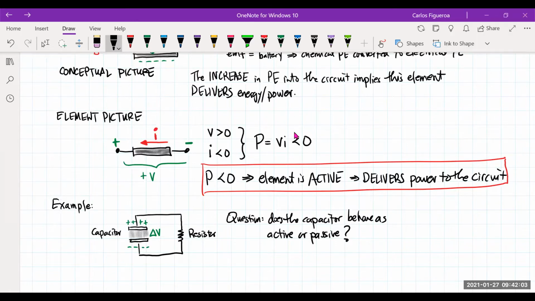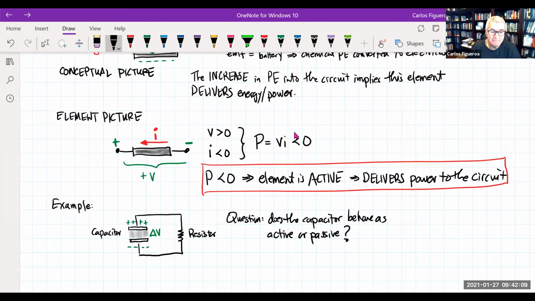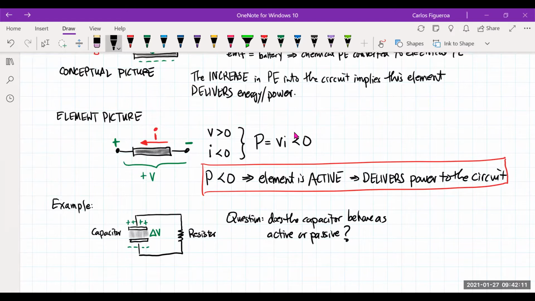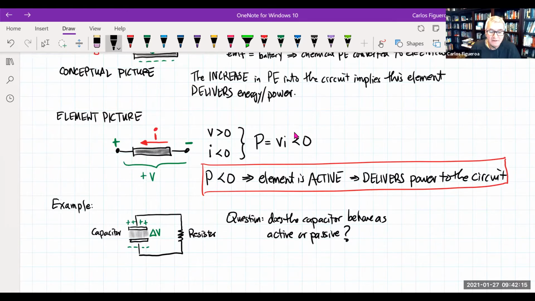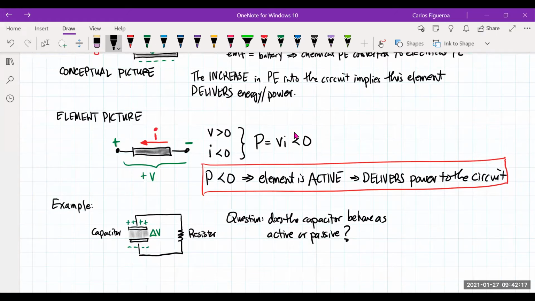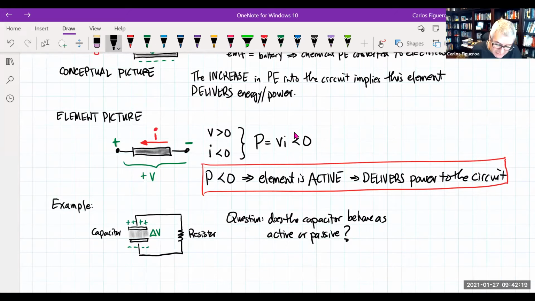The type of current really matters there, doesn't it? In this case, it's DC. So it is passive. It absorbs energy, doesn't it? It absorbs energy because the current goes from positive to negative.